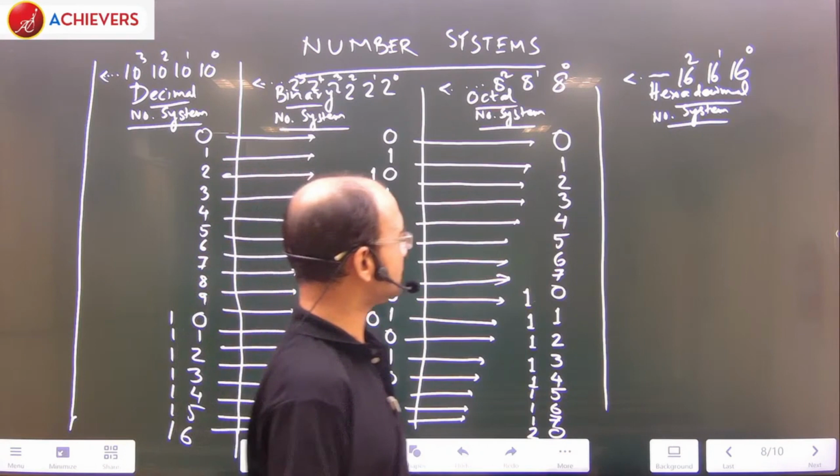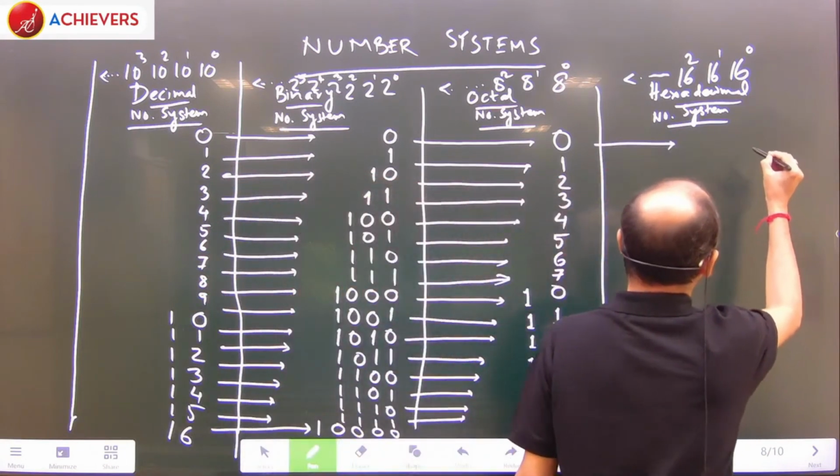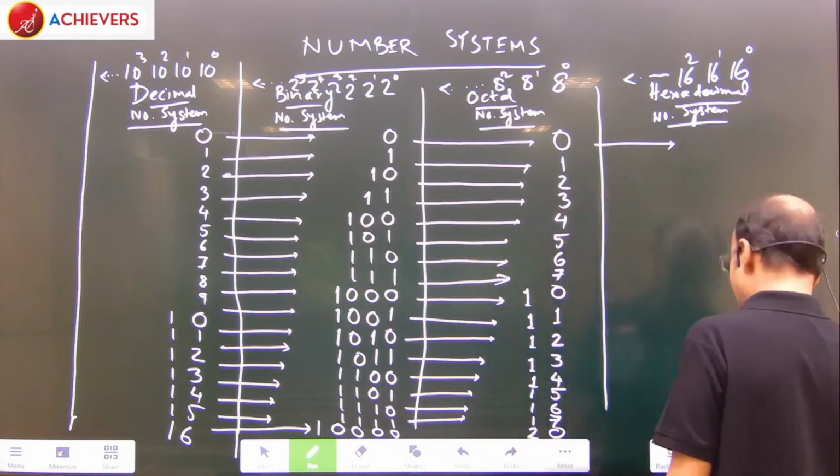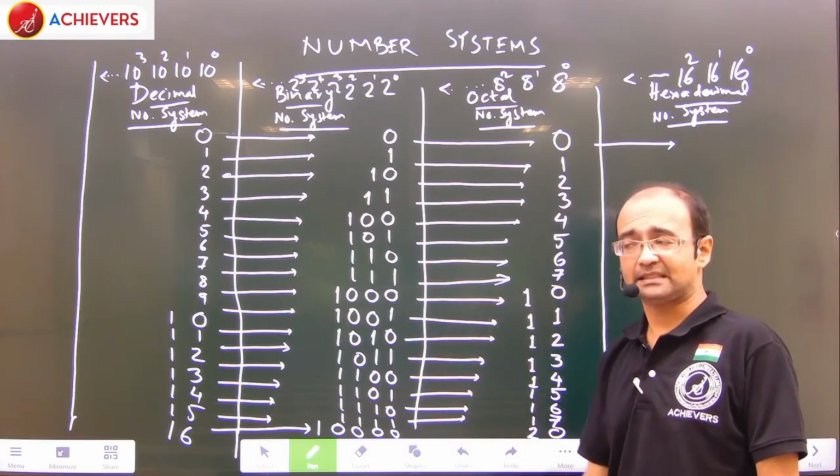Now we come to hexadecimal number system. So by hexadecimal number system, everything will be defined as the power of 16.